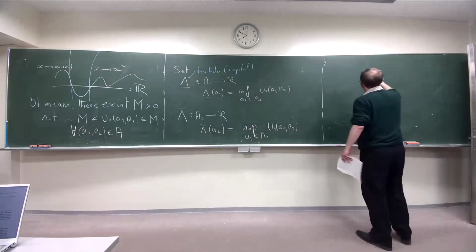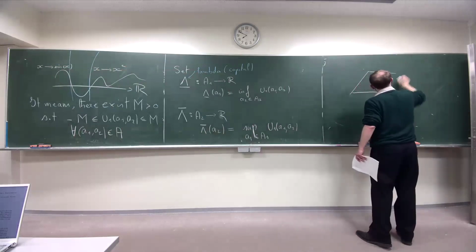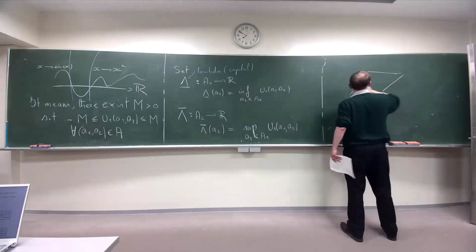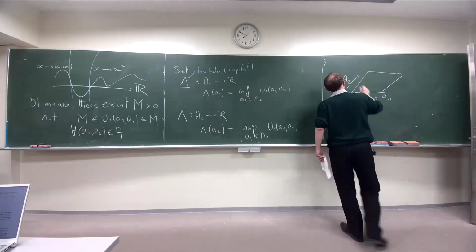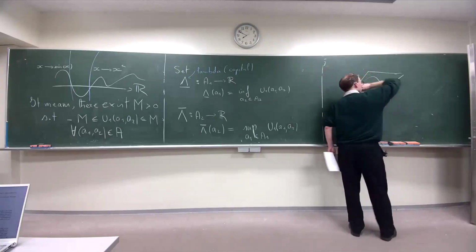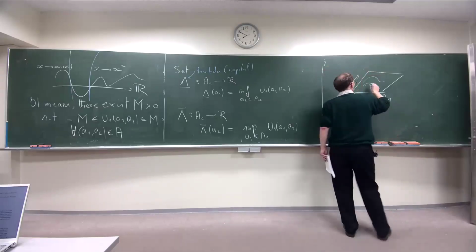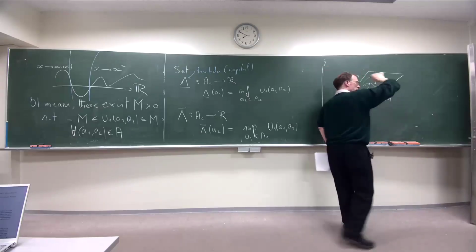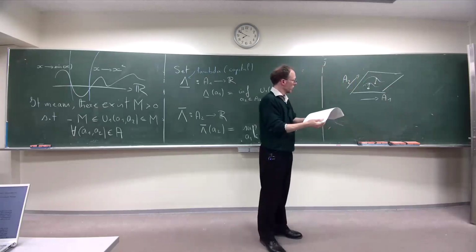The floor is this. You have a1, a2, the 2 dimension. Now on this, we have a function which takes some value. So at every point, you associate a certain value on the top of it.